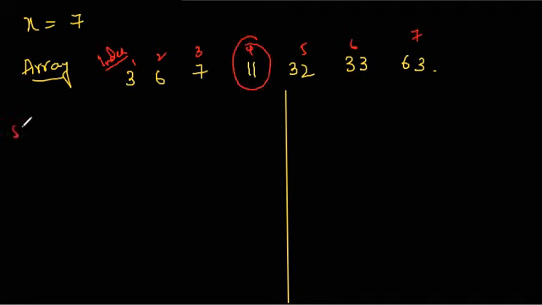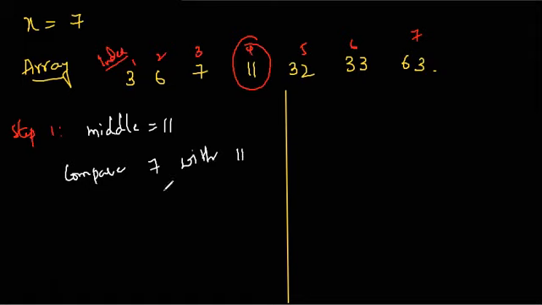So step 1 will be: write your middle element, which is 11. Compare the search element with 11, so compare 7 with 11. Now 7 is less than the middle element.